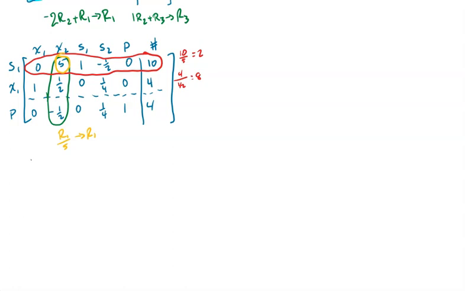All right. Let's go ahead and write our new tableau. If we divide all of row 1 by 5, we're going to get 0, 1, 1/5, negative 1/10, 0, 2.